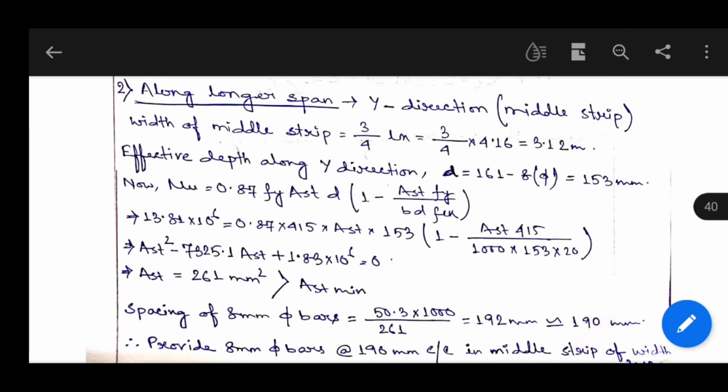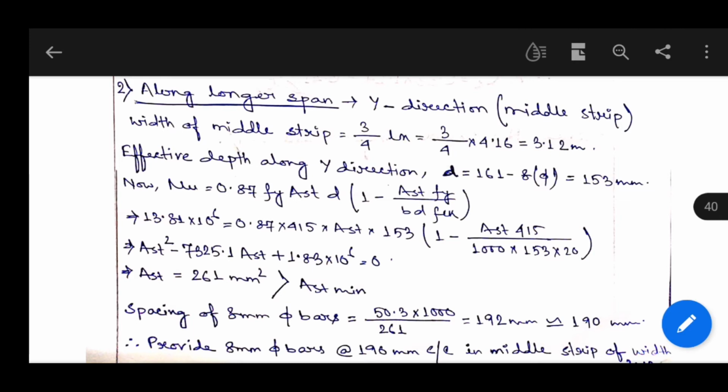Now the effective depth along y direction will be d minus, that is 161 minus 8, the diameter of bar, because the bar along x direction is already provided.